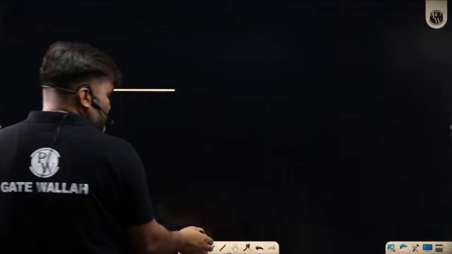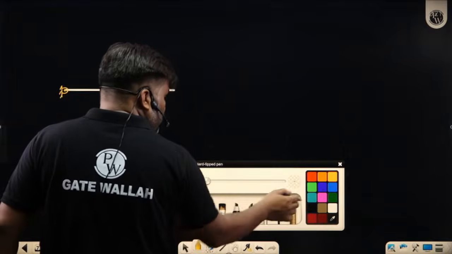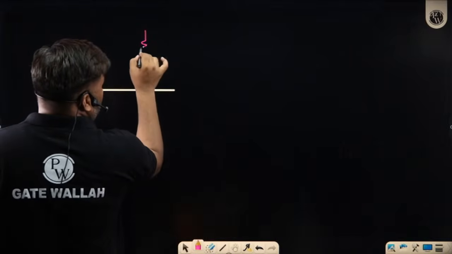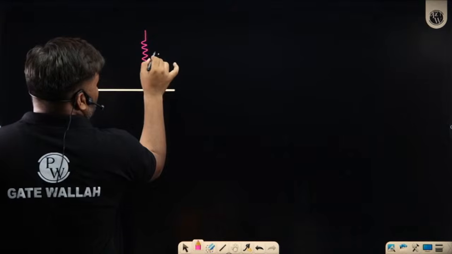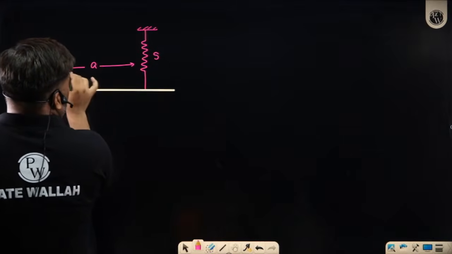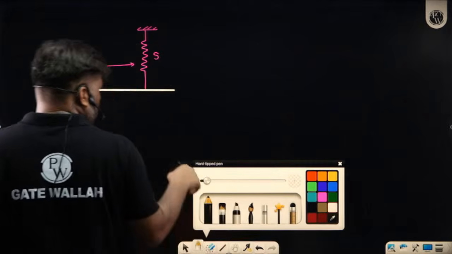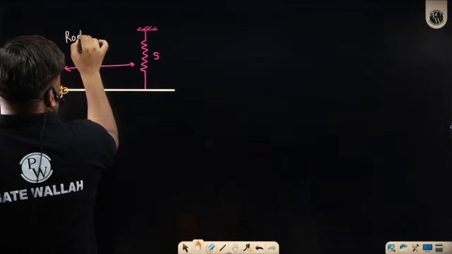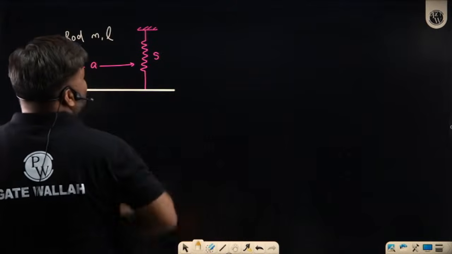Try to feel the differences. I also have a spring of stiffness S, connected at some distance A. And let me talk about this rod: its mass is m, and total length is L.